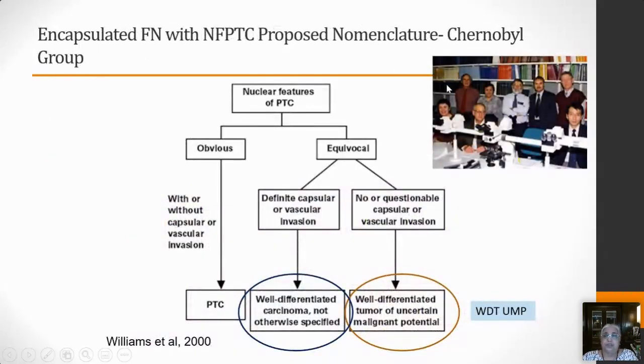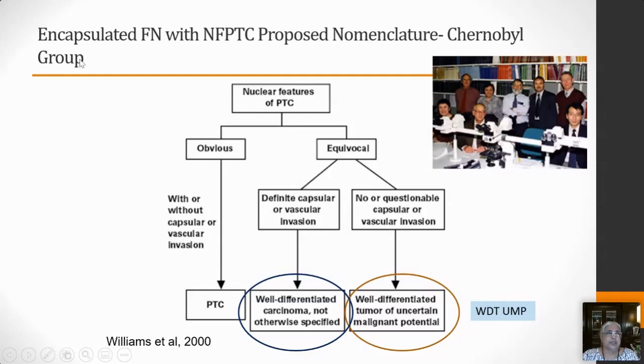And once again, you see Rosai over here, and you see Virginia Livolsi, and you see John Casey Chan, and you see Edie Williams. They were part of this group that studied the papillary carcinomas that occurred after the Chernobyl disaster, and they found they had exactly the same problem.